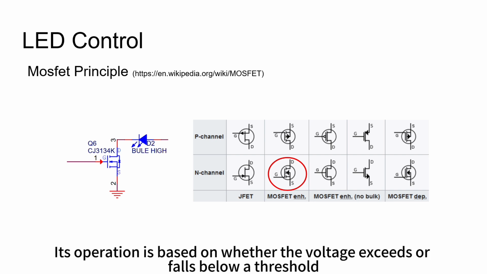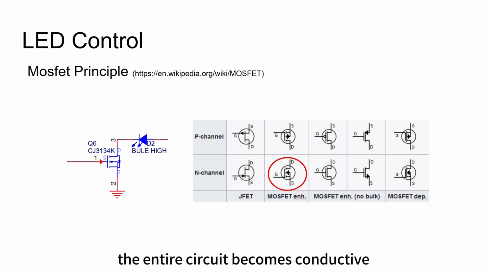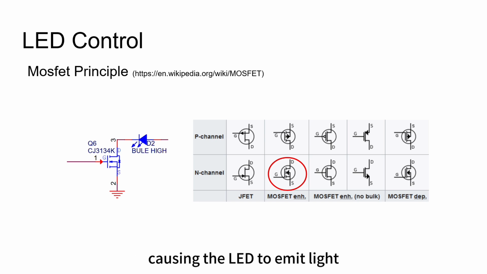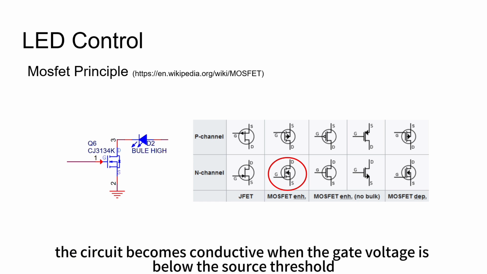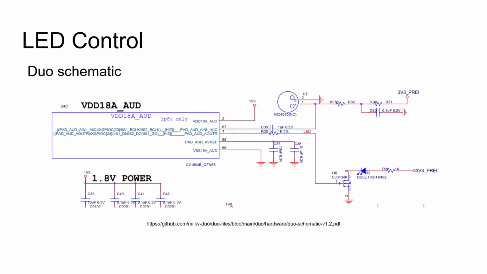Its operation is based on whether the voltage exceeds or falls below a threshold. In NMOS, when the gate voltage exceeds the source threshold, the entire circuit becomes conductive, causing the LED to emit light. However, in a PMOS, it is opposite. The circuit becomes conductive when the gate voltage is below the source threshold, resulting in LED illumination.